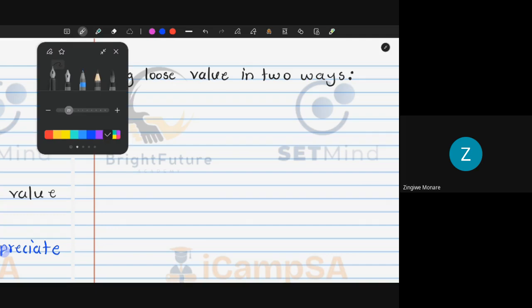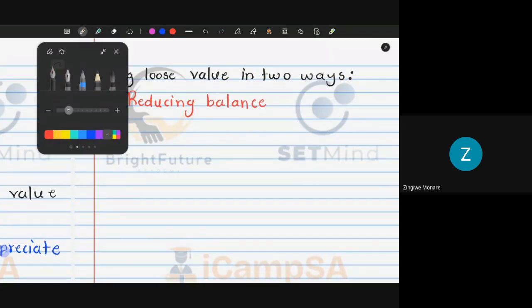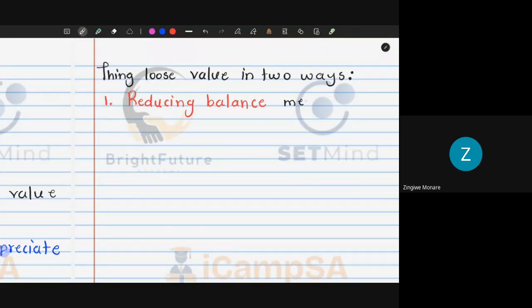For the first way, there's a very important term: the reducing balance method.